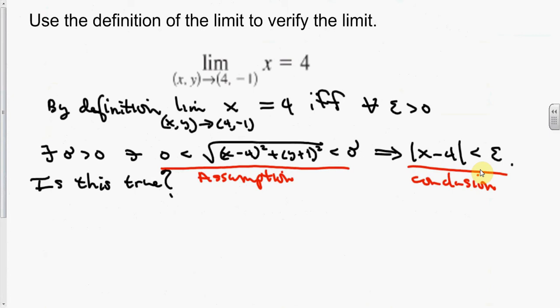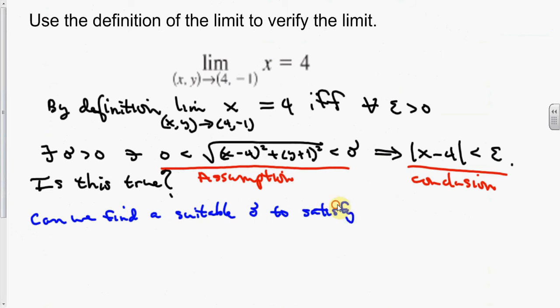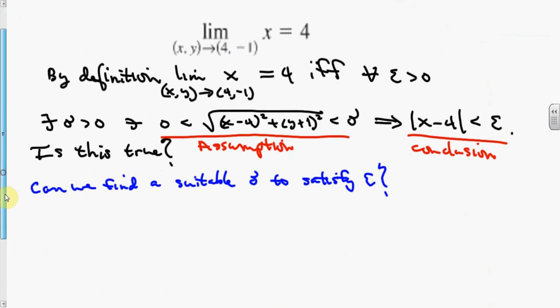And in doing so, we must find a suitable delta to satisfy epsilon. Can we find a suitable delta to satisfy epsilon?